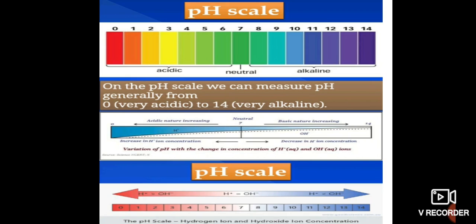We can measure pH generally from 0, which is very acidic, to 14, which is very alkaline. So here 7 indicates neutral, less than 7 acidic, greater than 7 basic.